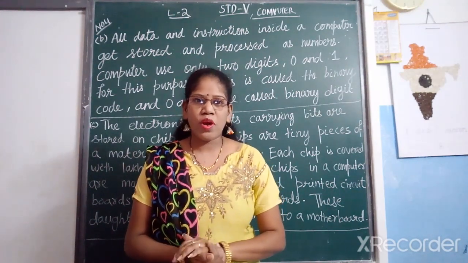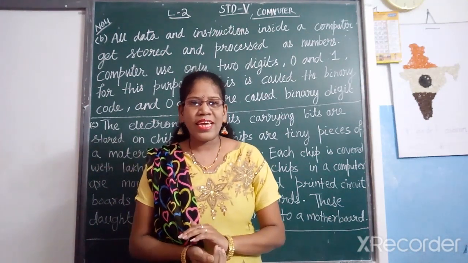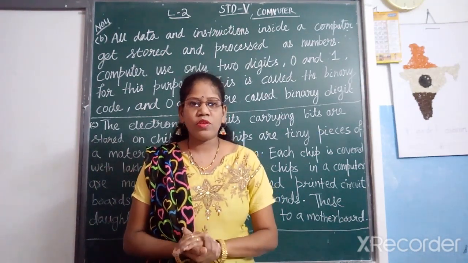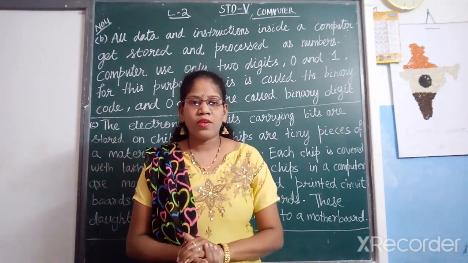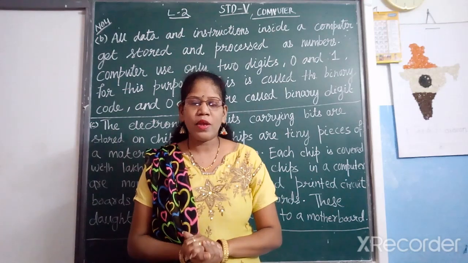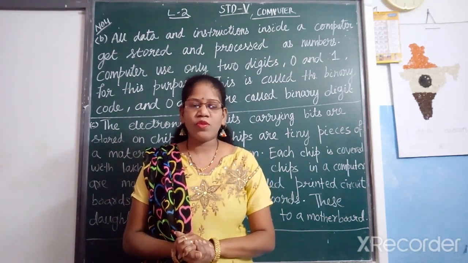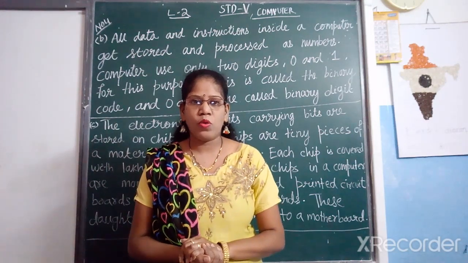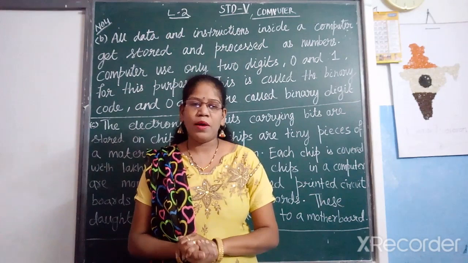This digit is called your binary digit. When we send any instruction or information to the computer, it is processed and given to the computer as a number, that is 0 and 1. This binary digit is known as your binary code and it is also known as your binary number.